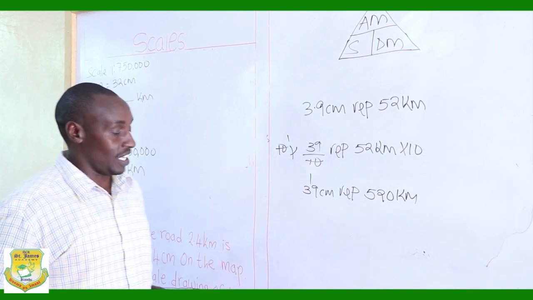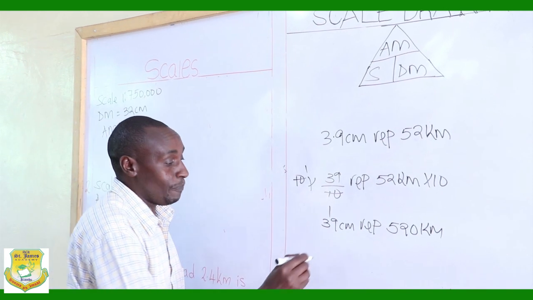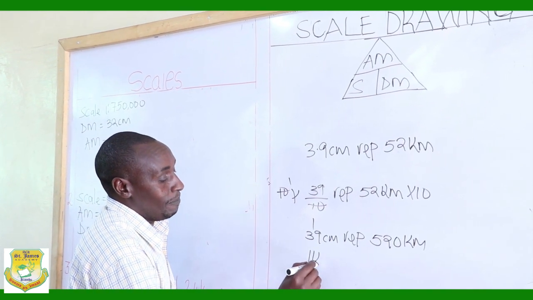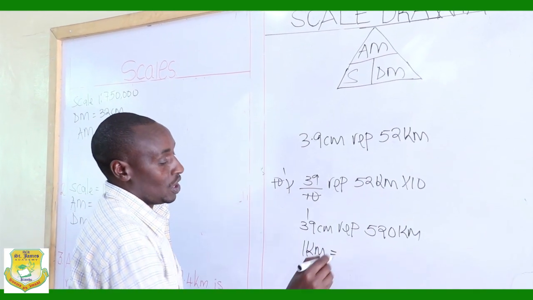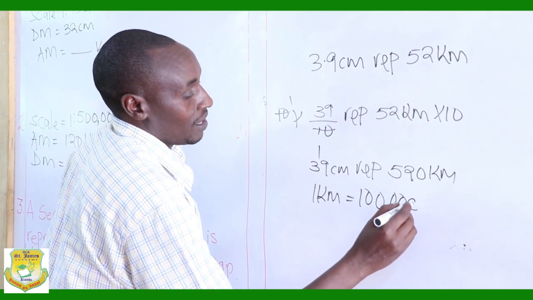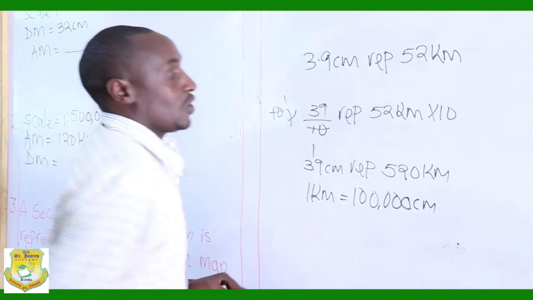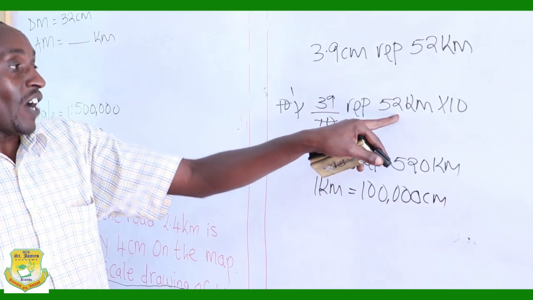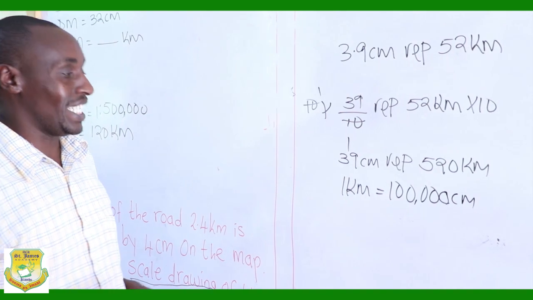I want to get the scale. As we said earlier, 1 kilometer is equals to 100,000 centimeters. So I'll change this 520 kilometers into centimeter.